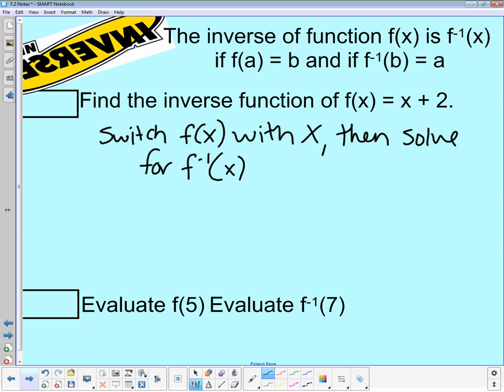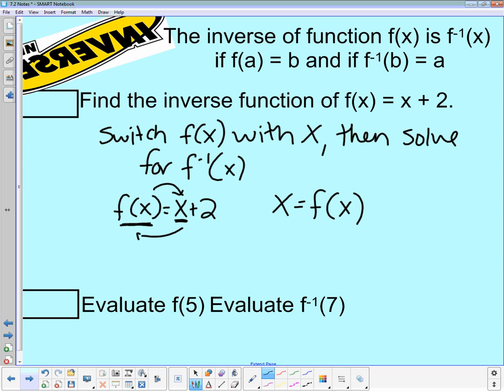That's easier seen. If we have f of x equals x plus 2, we switch our x value and our f of x value. So we now have x is equal to f of x plus 2. Because we're trying to find the inverse, we name this f inverse of x.